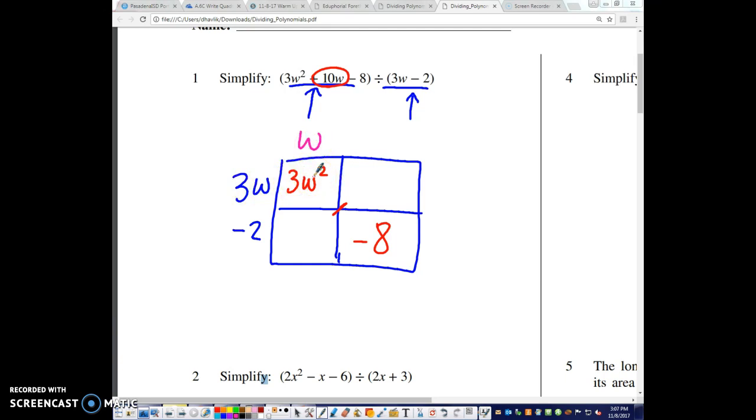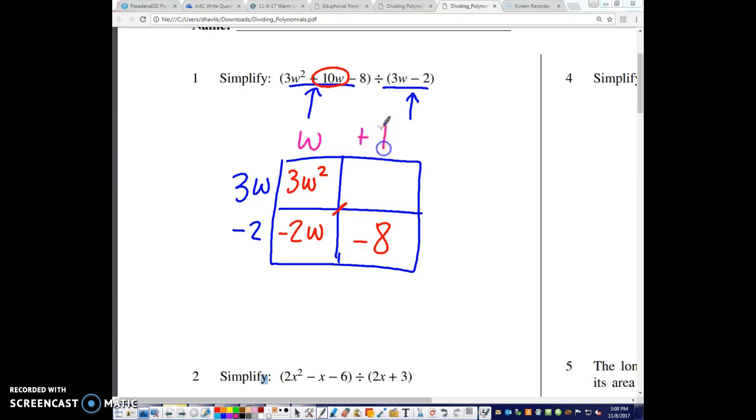So now look at this. W times -2 gives you what? -2w, right? Okay, so now -2 times what will give you -8?